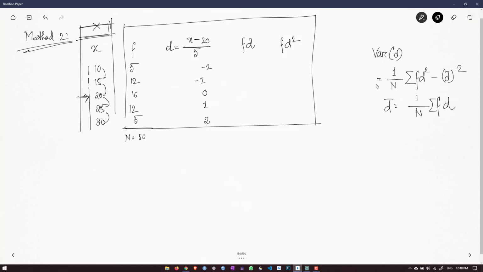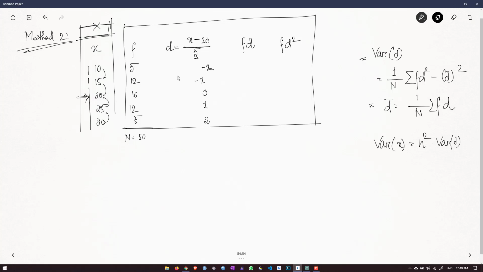Once you calculate these, you can find the variance of x using the formula h square into variance of d. Now what is h? H is the number that we divide by, which is 5, so in our case h will be 5.